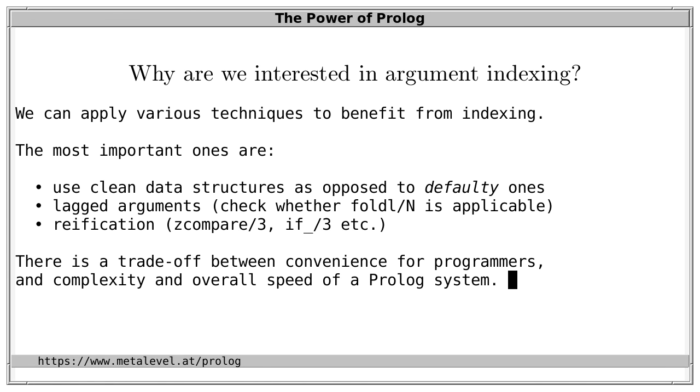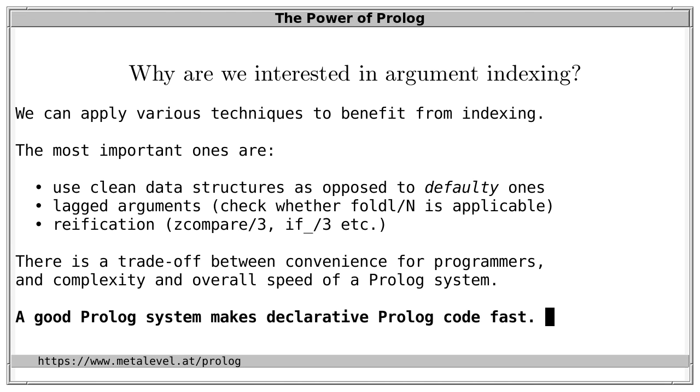However, there's a clear trade-off between convenience for application programmers on the one hand and complexity and overall speed of a Prolog system on the other. So an implementer of a Prolog system must strike a sensible balance between simplicity of the system and useful performance optimizations.